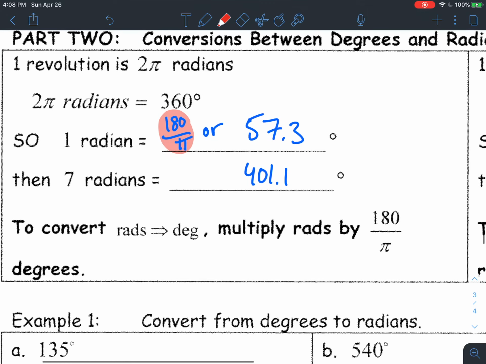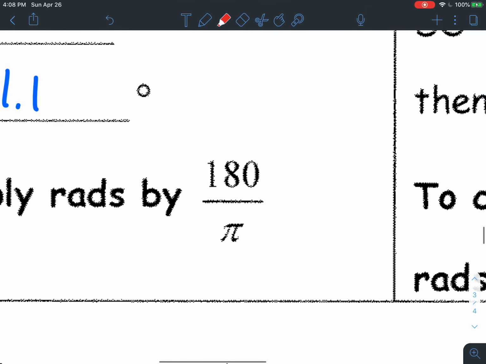If I'm trying to convert from radians to degrees, since my degrees are up top and my radians are in the bottom, if I multiplied an angle that's in radians by this fraction, my radians would cancel out on top and bottom, and I'd be left with something in degrees, because my degrees would be up top.